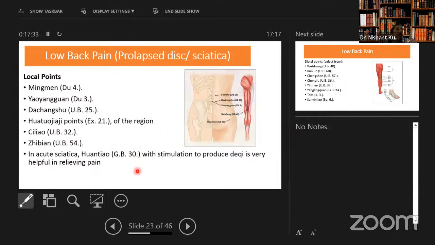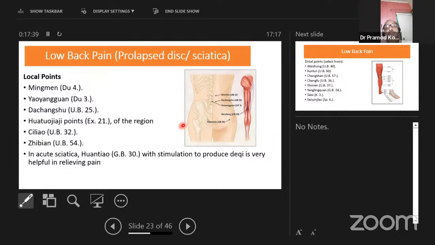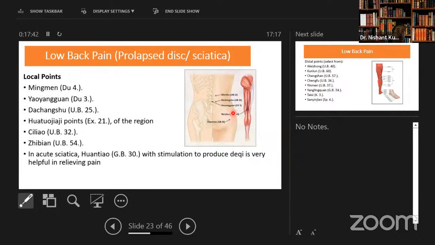GB30 is exactly the point at the sciatic nerve, and it requires a very good stimulation. It is around 6 shun deep. The needle has to be a very long needle, and a good stimulation is useful in sciatica.